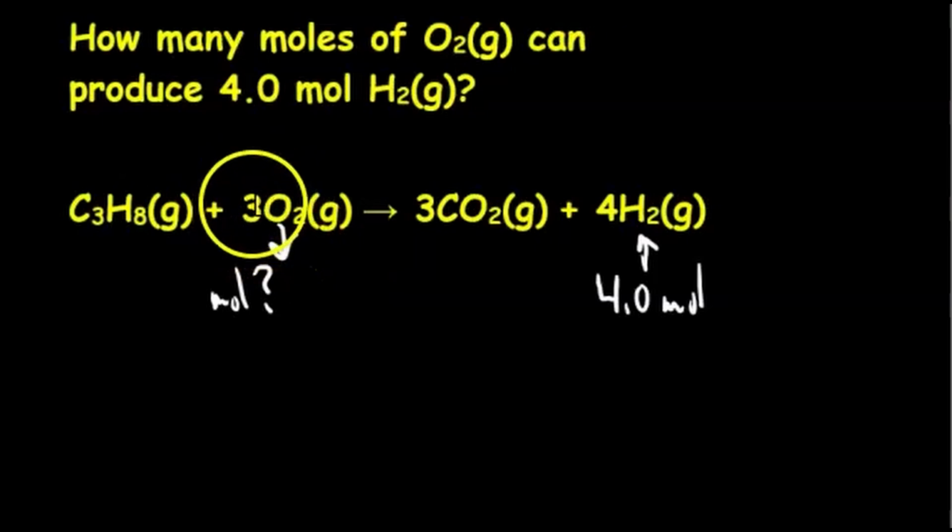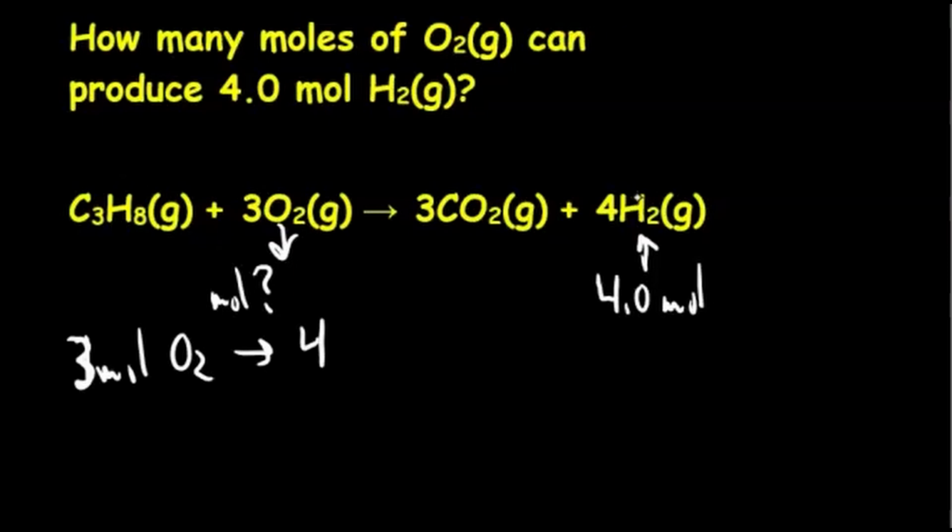If we react 1.5 moles of oxygen, we would get half the amount, 2 moles of H2. It's just a 3 to 4 ratio. So we can say 3 moles of O2 produces 4 moles of H2 gas.